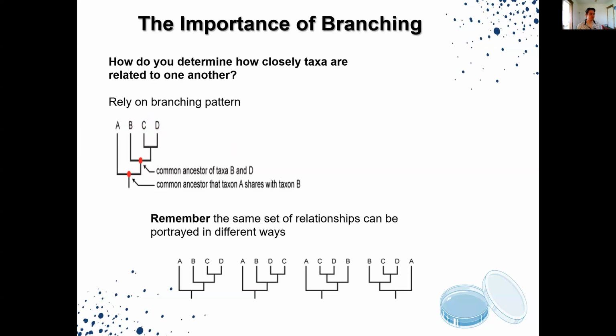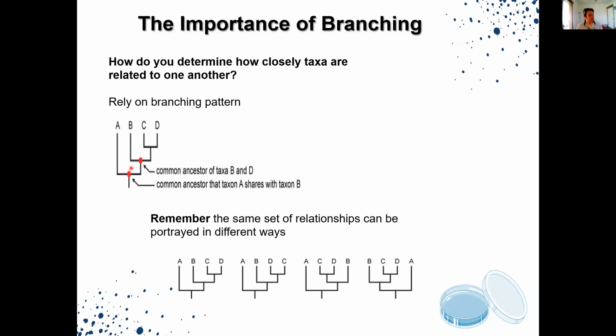If you look at this example for some more detail, taxon A is adjacent to taxon B and more distant from C and D. So A is next to B and far away from C and D. That would make you incorrectly think that A is more closely related to B than it is to C and D, and that is not true.